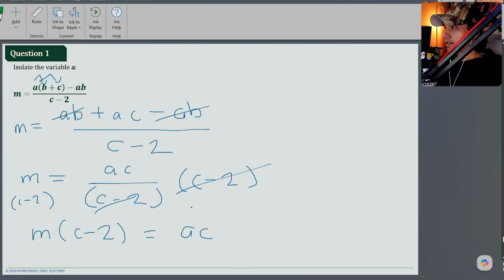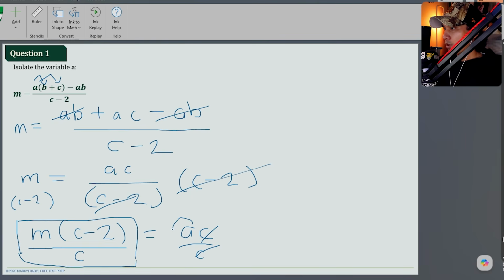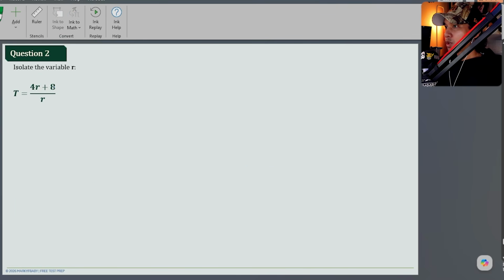And then to isolate the A, we just need to divide by C. Divide all this by C. Cancel it out. And then what we're left with is A equals M times C minus 2, divided by C. This is the final answer, isolating for A. Okay? Perfect.